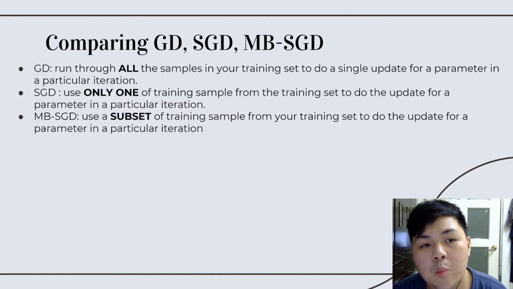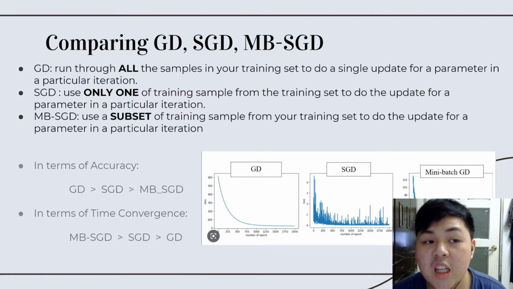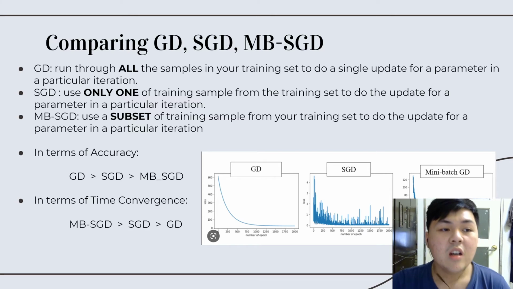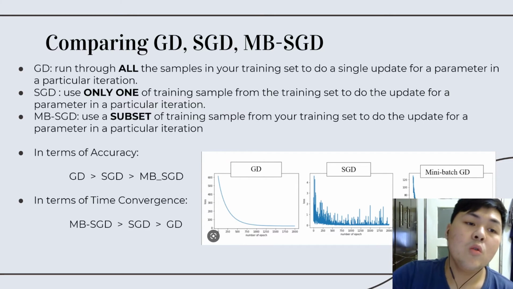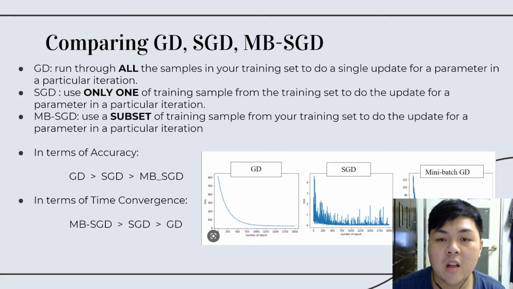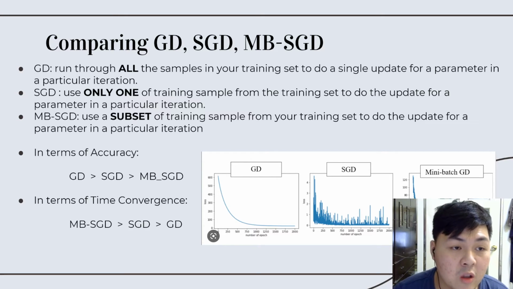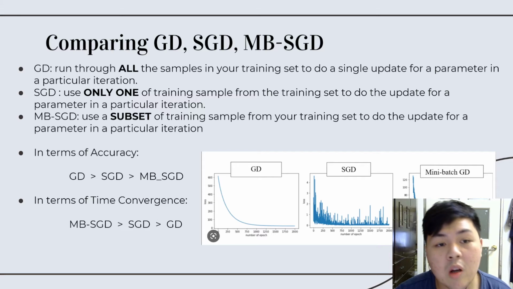So when we compare GD, the traditional GD, the SGD and mini-batch SGD: for GD, it runs through all the samples in your training dataset to do a single update in a particular iteration. But for SGD, only one training sample is used to update the parameters in the iteration.